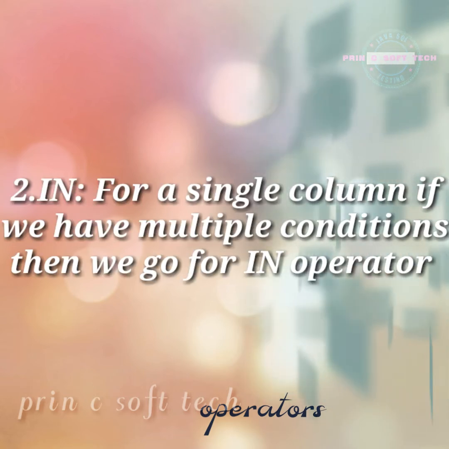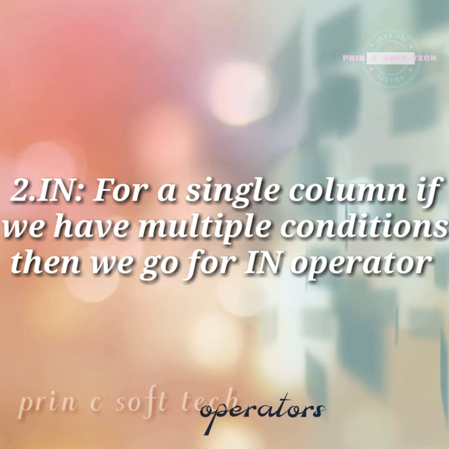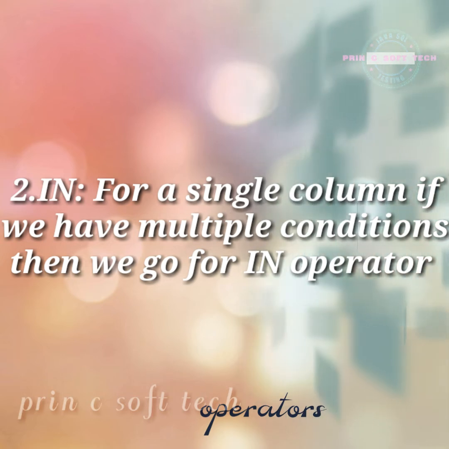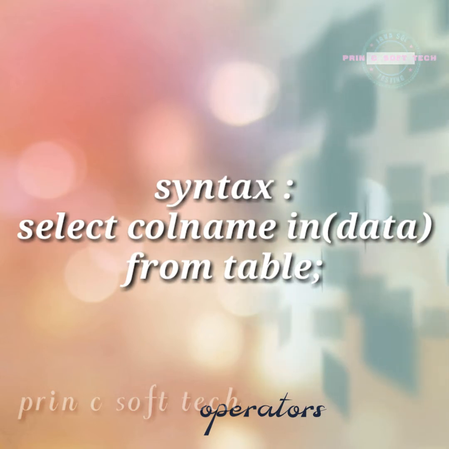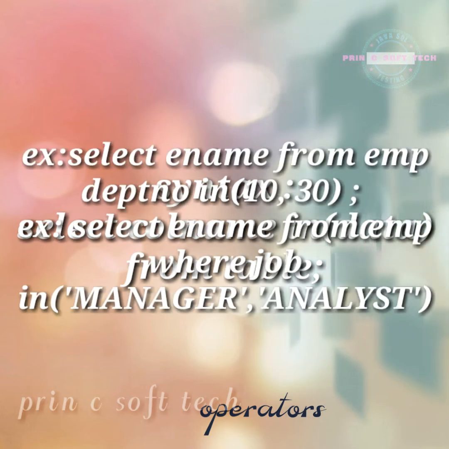Next, the in operator. For a single column, when we have multiple conditions, then we go for the in operator. The syntax of the in operator is: select column name in, open braces, data.